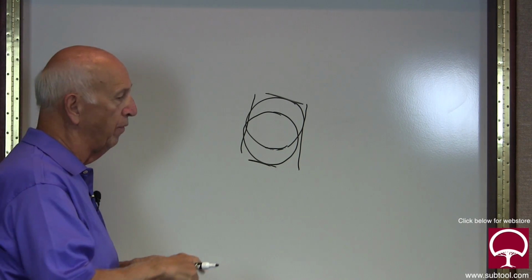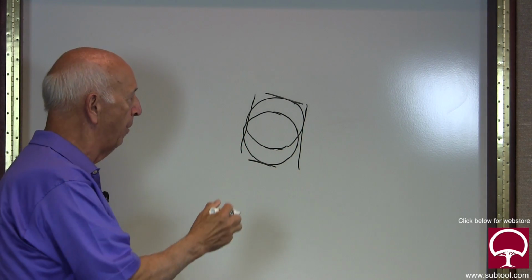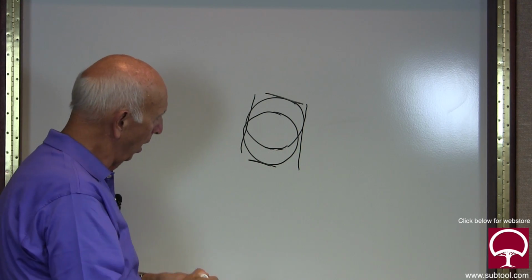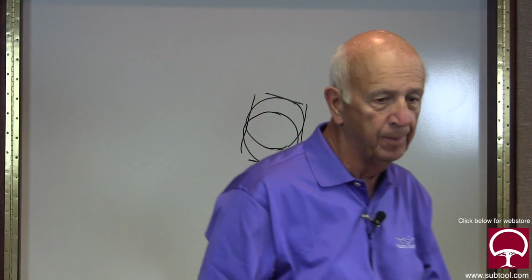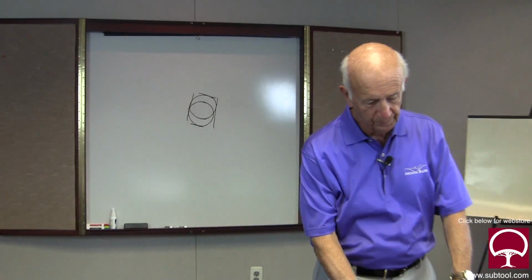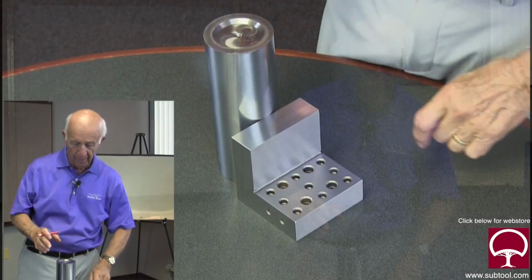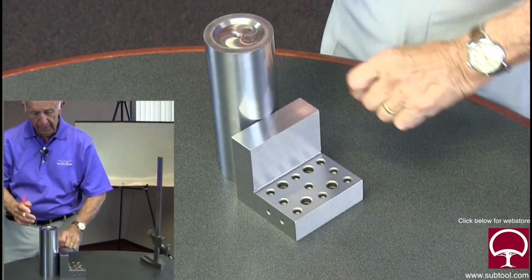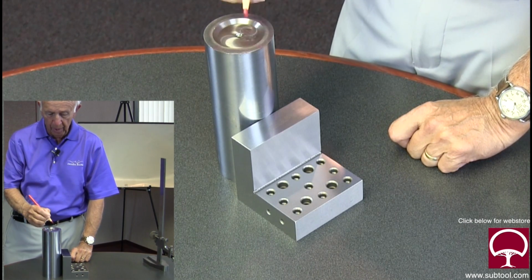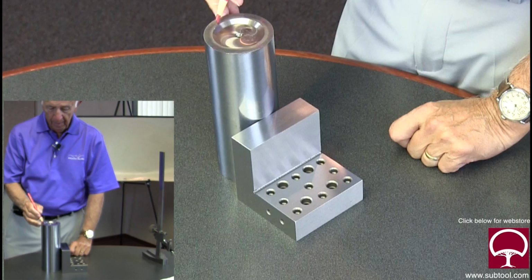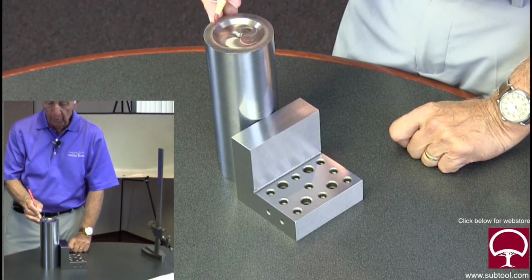I'm looking down from the top of it. So understanding this concept, and we apply it over here, then we know that our major error is here and here, and again, 90 degrees from there is no error.